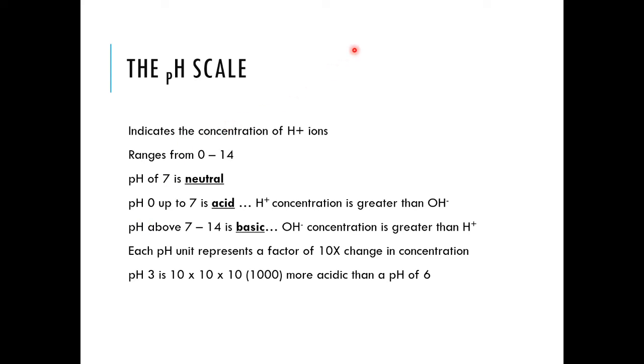pH scale, this is a measure of how acidic something is, basically. You probably have heard this term before in reference to maybe soil if you're in an agriculture class, or pH of water is something that people monitor in swimming pools and other wildlife resources where, if the pH of water changes, it can have significant impact.